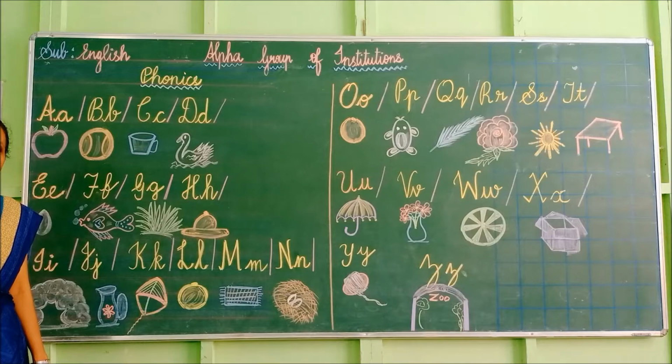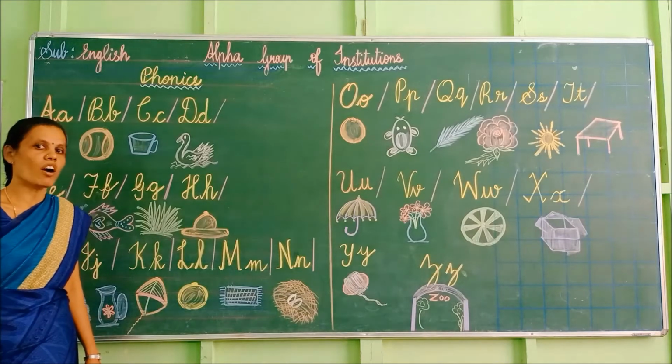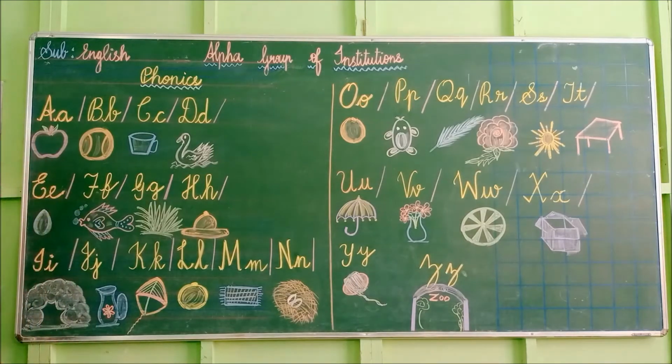Now we are going to learn the phonic sound of each letter. Shall we start? Yes. What letter is this? A. A sounds A. Apple. Next one. What letter is this?